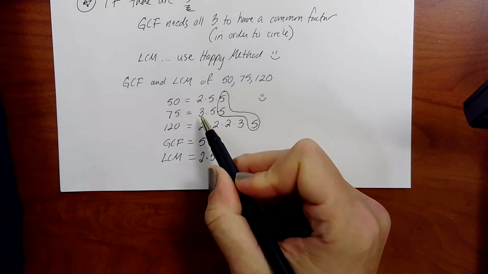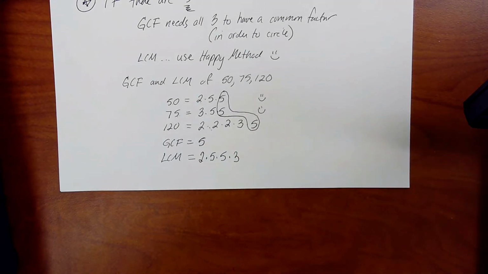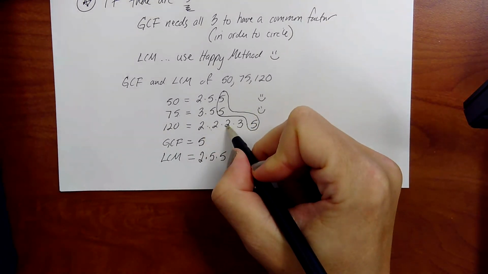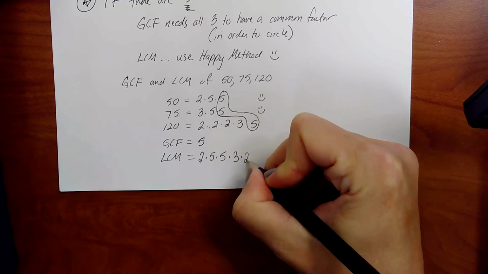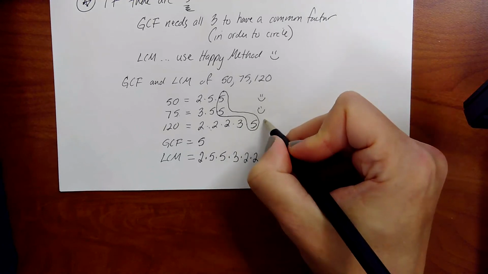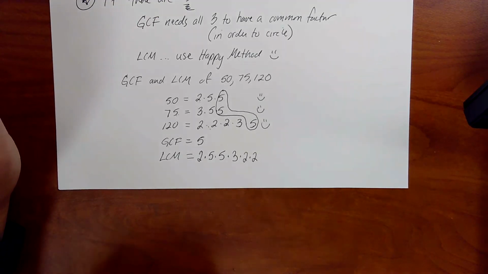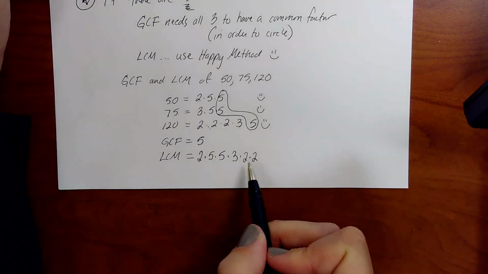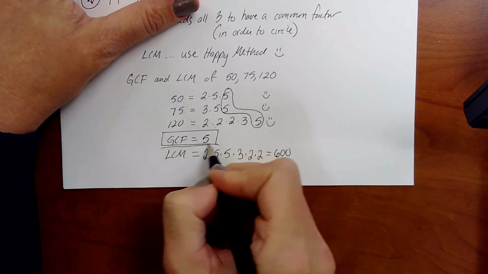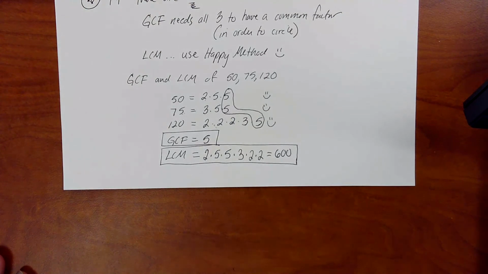There's already 2 5s in there, so we need to put the 3 in there, and now the 75 is happy. 120 needs 3 2s. There's 1 in there, so we need 2 more. It needs a 3, got it. It needs a 5, got it. So 120 is happy. And that will give you your LCM. What is that? 10, 150, 300, 600. Okay, so their GCF is 5. Least common multiple, 600. All right? Okay, good job, guys.